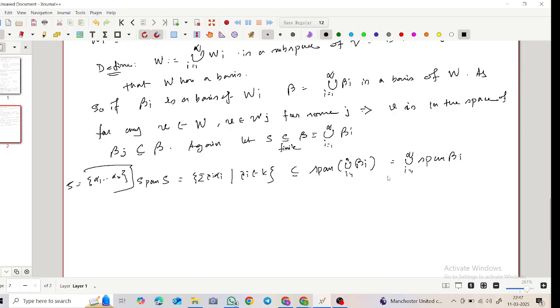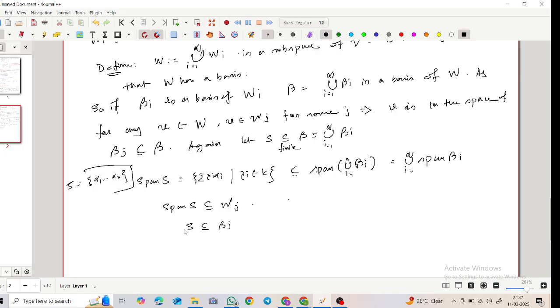So span S is containing some Wj, okay, but there is a small problem. Yes, span S is containing. This means S is a subset of beta J.